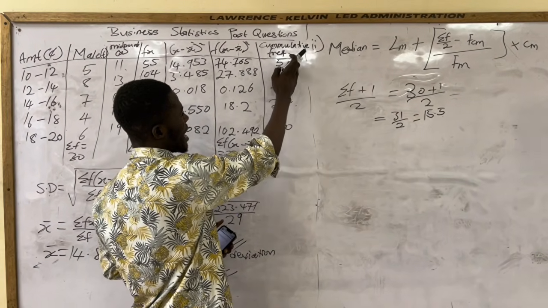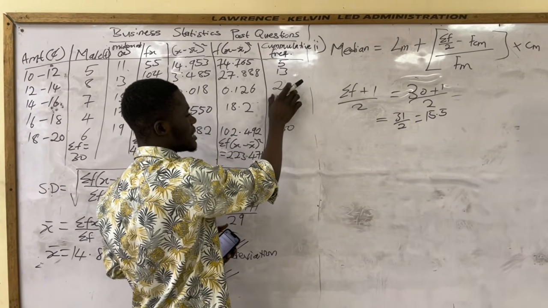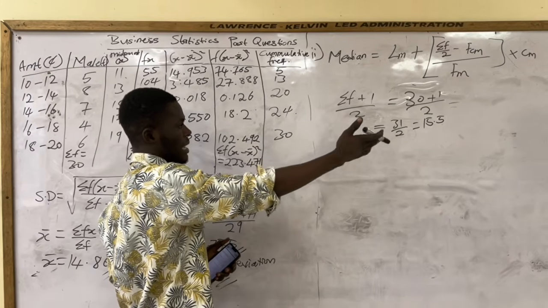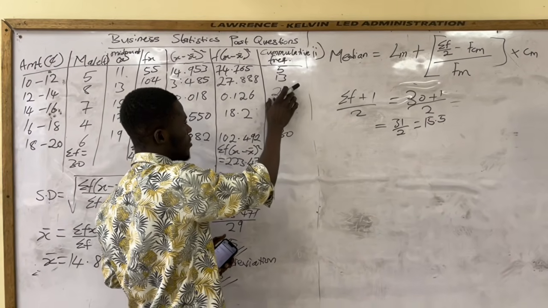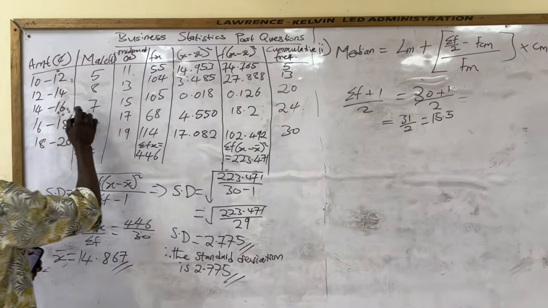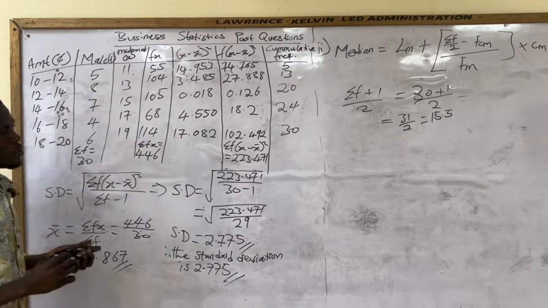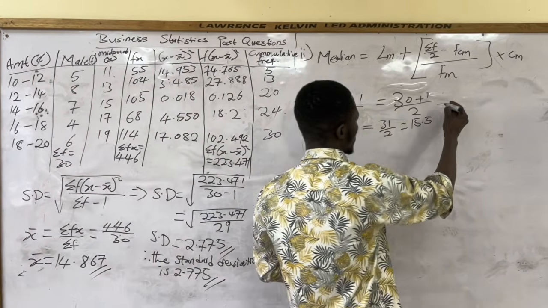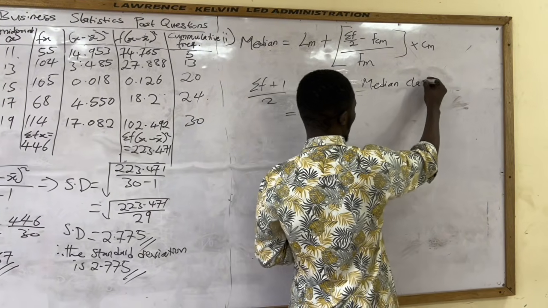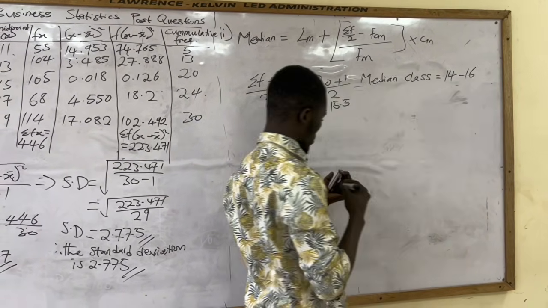If we check here, 5 and 13, none of them are the same as it, but 20, you can find 15.5 in it, and it is also greater, and this is the first such cumulative frequency. So our median class is 14 to 16. Okay, good.